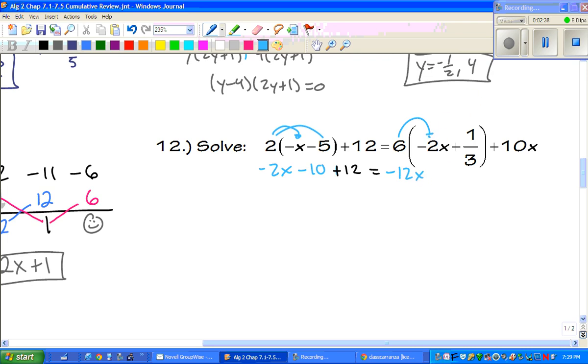Negative 12x. If you don't know this, off to the side, you can do 6 over 1 times 1/3. 6 times 1 is 6. 1 times 3 is 3, which gives you 2. So plus 2 plus 10x.